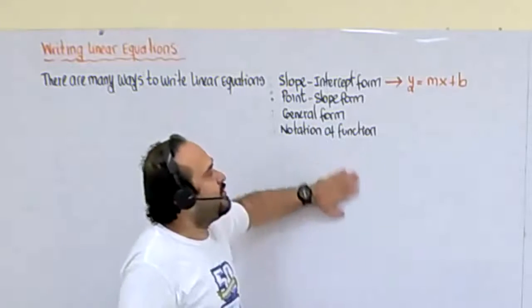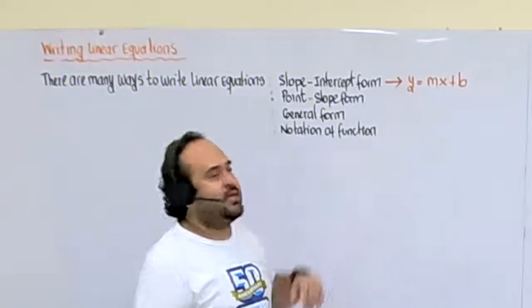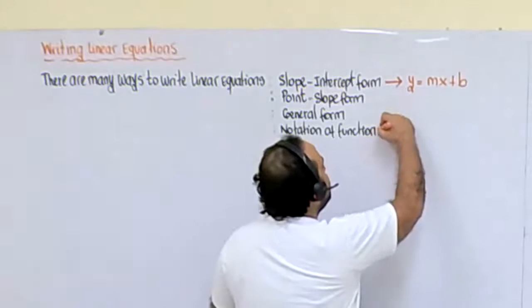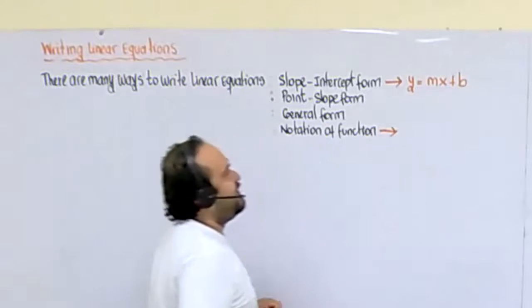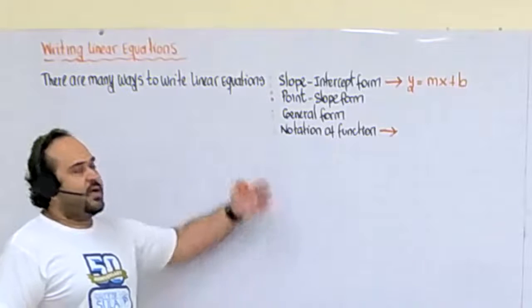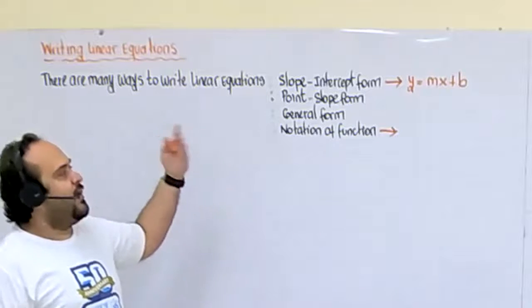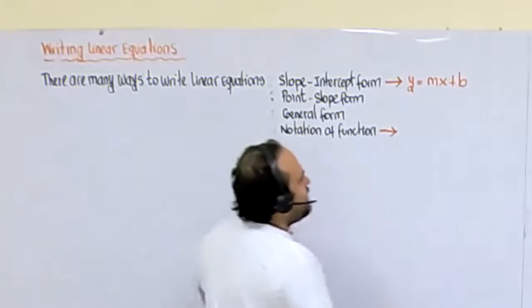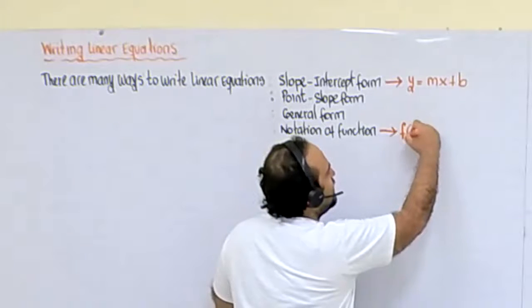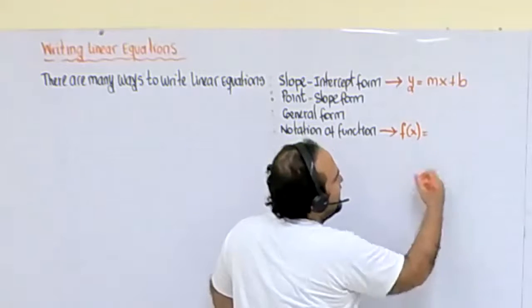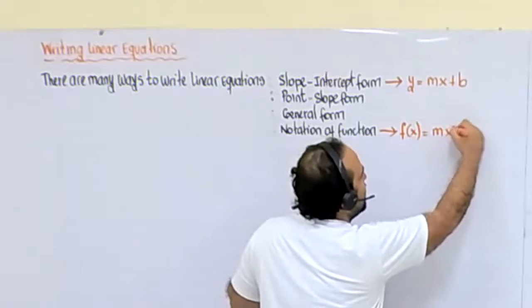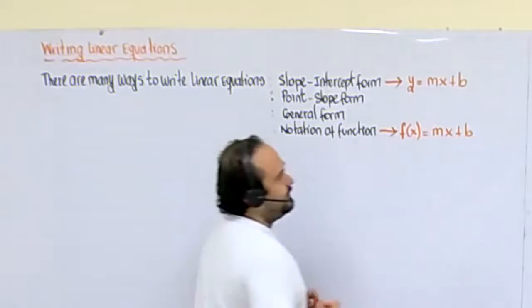In notation of function, we're going to follow the same formula. But what will be the difference this time? Instead of writing y, we're going to change the y variable to the notation of function that we call f(x) equals mx plus b.